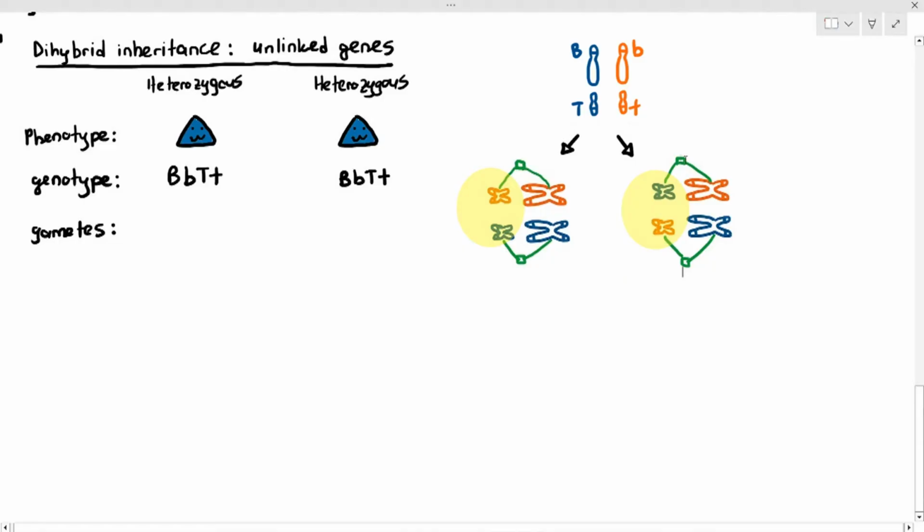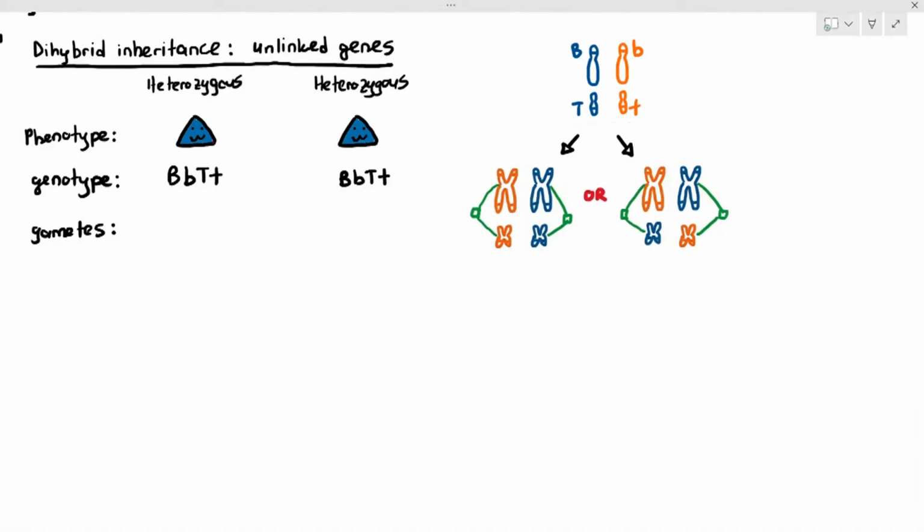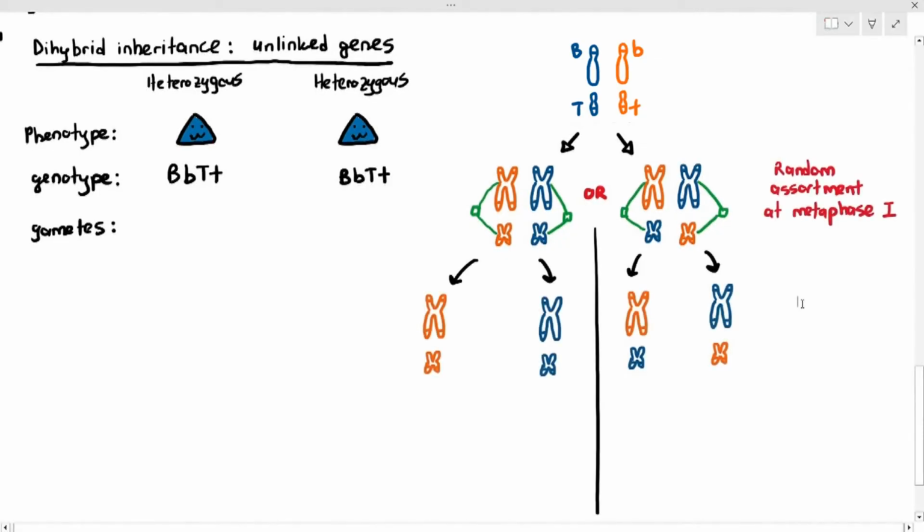I want you to see those two highlighted parts to see how they are different. Okay, some students will ask me which one will happen more often, the one on the left or the one on the right. Both processes can happen equally. It's quite unpredictable that way. So why is this such a big deal? Because when the homologous pairs separate during meiosis 1, it will look like that.